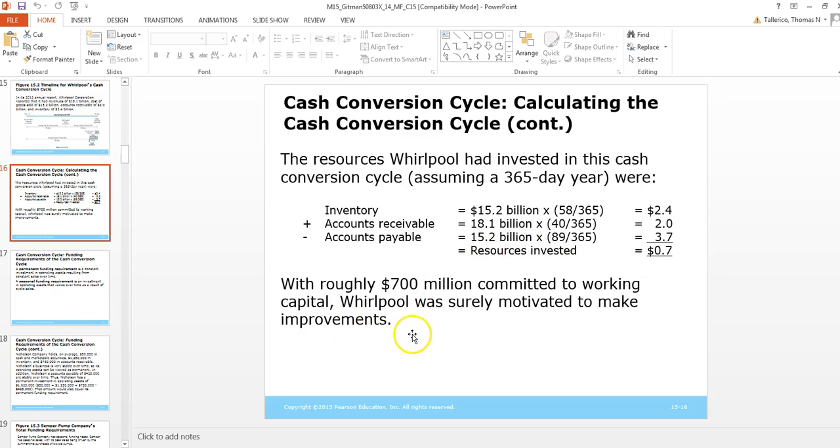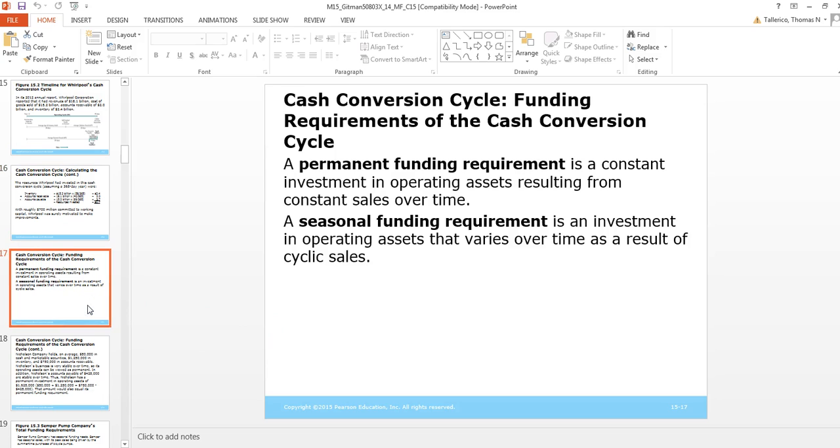So they've got to make some improvements to fix their cash conversion cycle. There are also a couple of definitions you should know: permanent versus seasonal funding. You would see this in something like Home Depot, where they have a lot of permanent stock on the shelves, but when spring comes, they start buying flowers. That's seasonal. Or in the summer, people fix up their houses, so they get some more seasonal stock in.